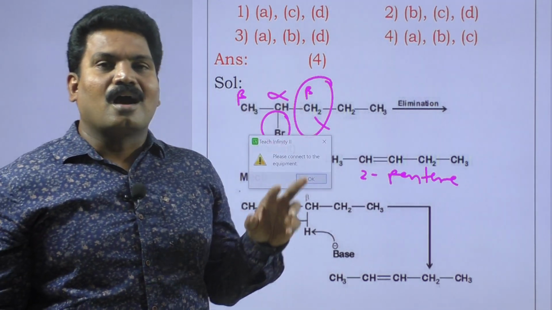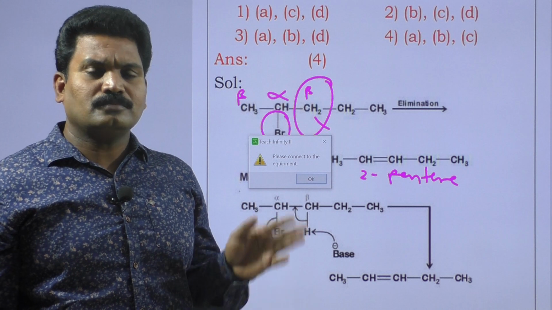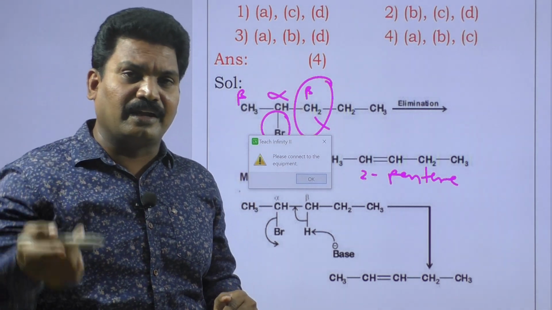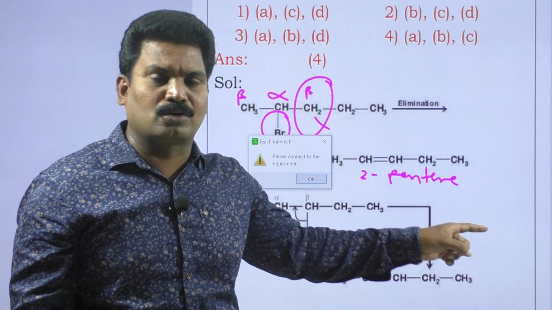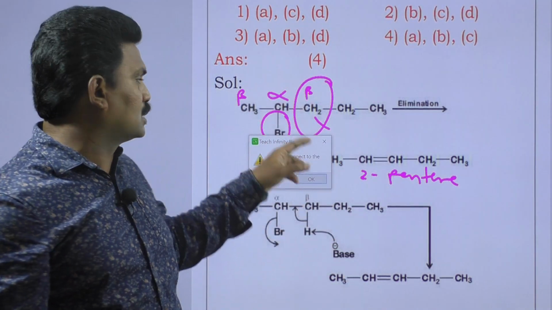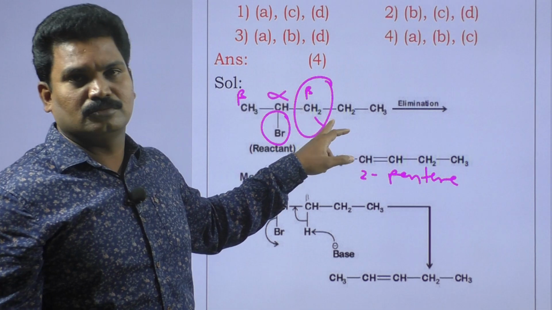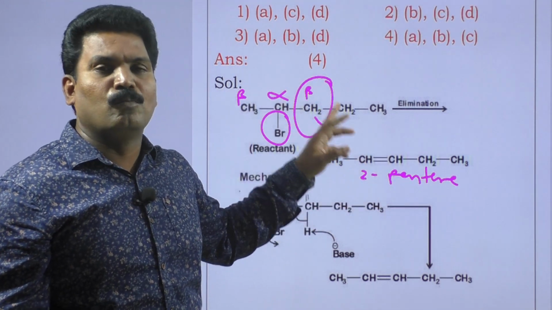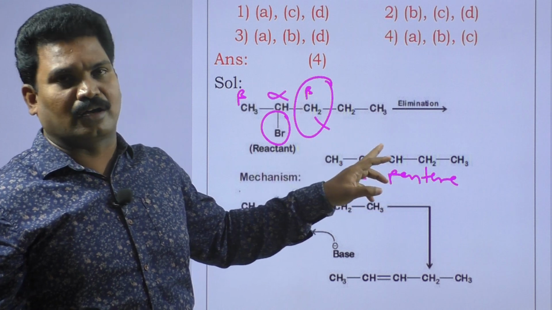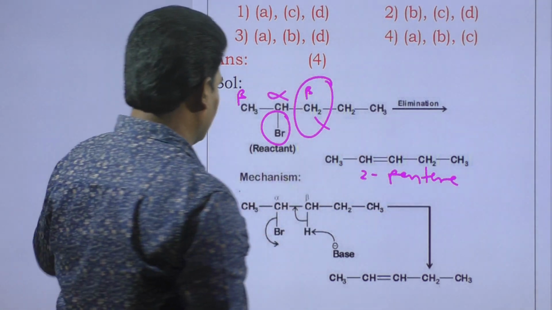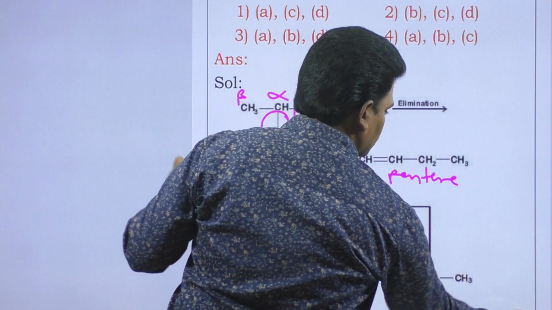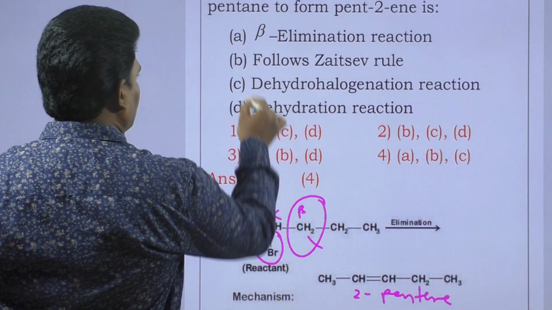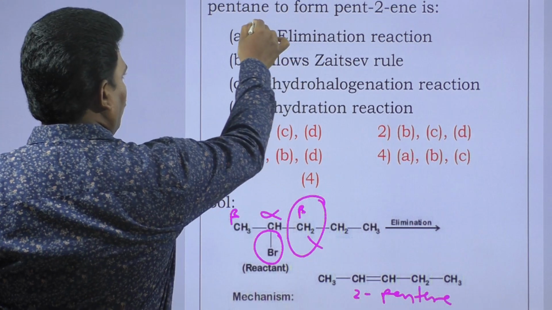What is the Hofmann rule? Hydrogen is eliminated from the beta carbon with more hydrogens to form 1-pentene. Here 1-pentene is the minor product, 2-pentene is the major product because it follows the Saytzeff rule. Now look at the first option, it is beta elimination because hydrogen is eliminated from the beta carbon.